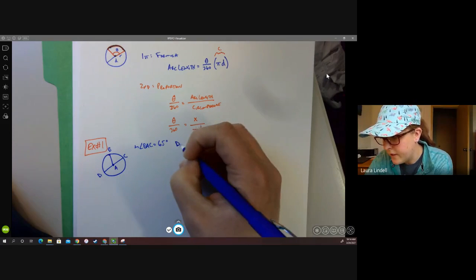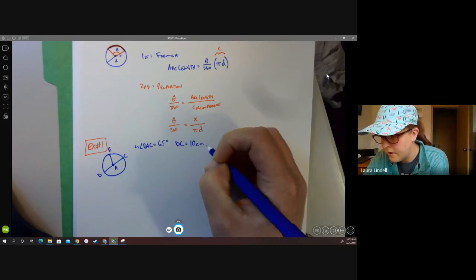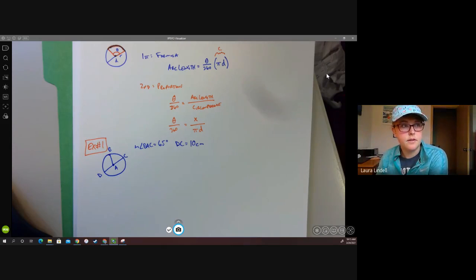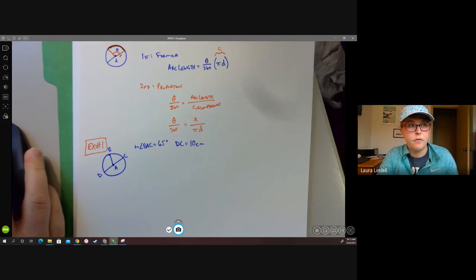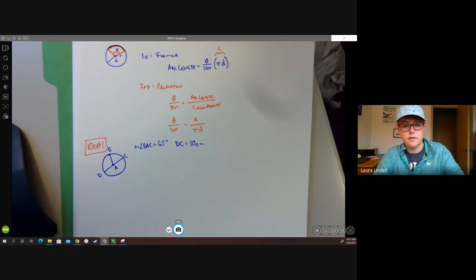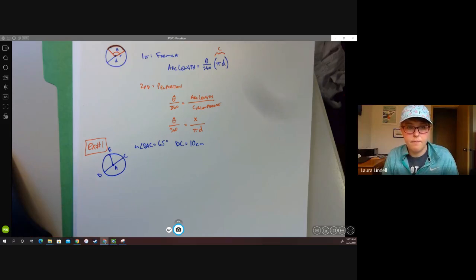And the length of DC is 10 centimeters. And we want to find the measure of the arc here. Give everyone a moment to write. Okay.